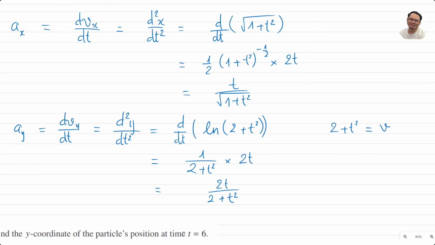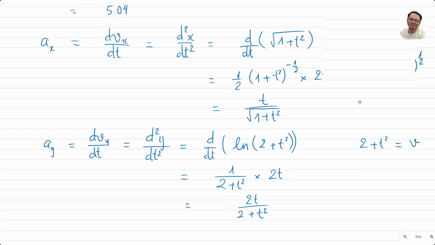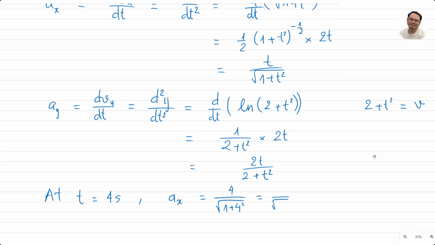So here we now have the two components, and the last step, we need to put in the value of the time, 4 seconds, into these two components. So ax at the time 4 seconds is 4 over the square root of 1 plus 4 squared, that is 4 over the square root of 17.